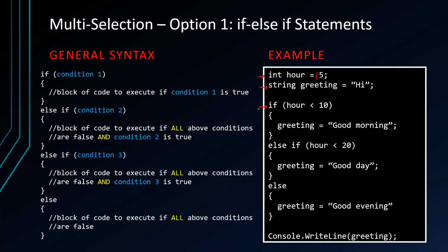It fails that, so it jumps down, and it's going to test this guy. Is hour less than 20? Yes, it is. So it's going to go in, and it's going to execute all this code. And when it's done executing that code, it's going to skip over the else code and go right down to the console.write line. Okay? So as soon as it gets into one of them, that's enough.